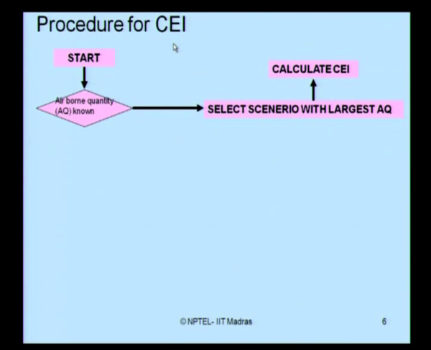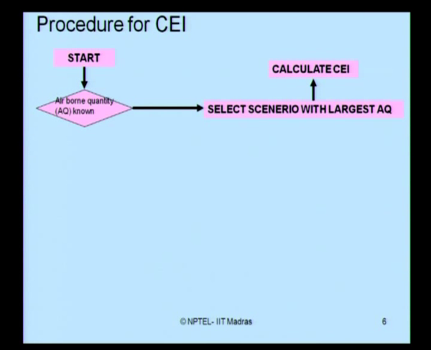Let us see the detailed procedure for a chemical exposure index analysis. Remember, this is a very common model used for chemical risk analysis for dispersion models. I first calculate what I call the airborne quantity, AQ. If I know the AQ value readily on hand, then I select the scenario with the largest AQ and calculate CEI.